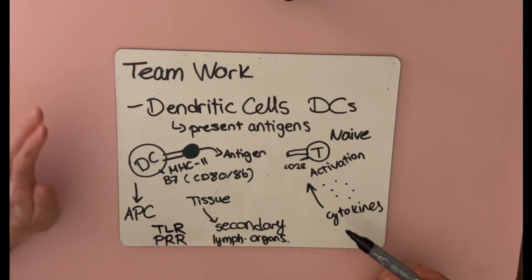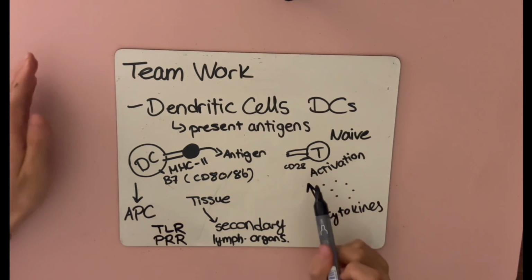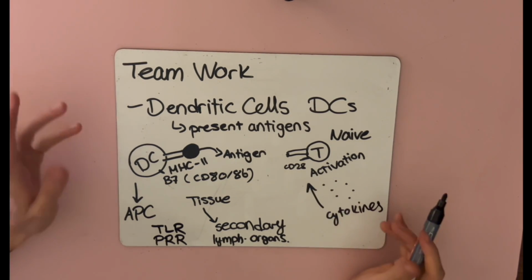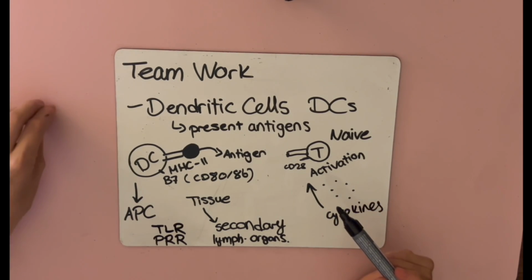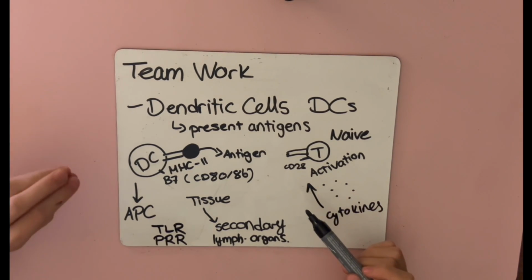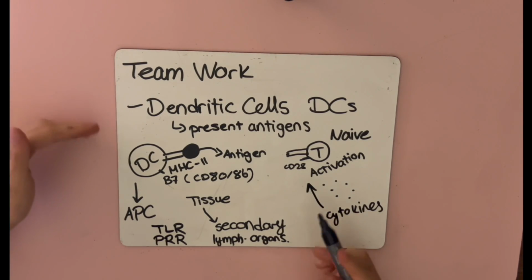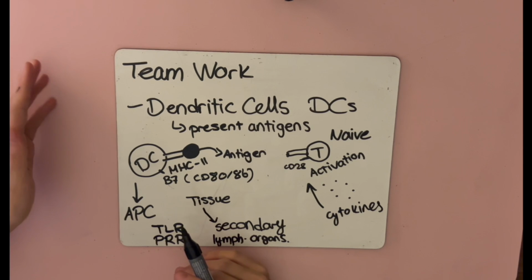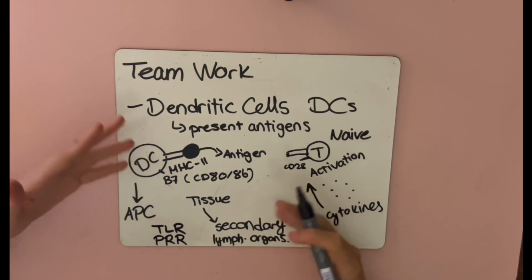Cytokines play an important role too. These direct the differentiation of the T cell into Th1, Th2, Th17, and so on. And without these innate derived signals, the T cell becomes anergic. So it's a mechanism that enforces tolerance and prevents accidental activation by harmless agents, meaning you don't unnecessarily have an immune reaction.